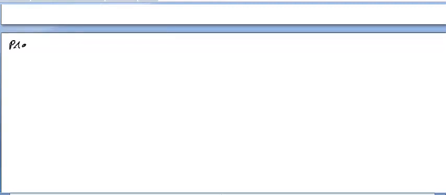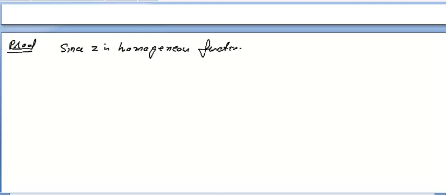See the proof. Since z is a homogeneous function, you know the definition, z can be written as x raised to power n f(y over x).